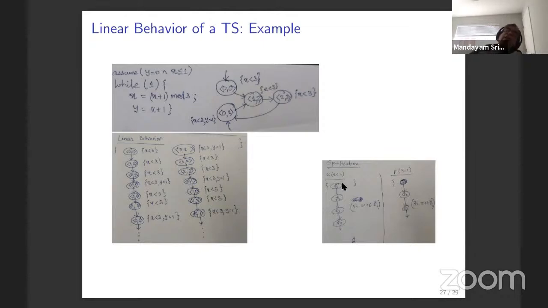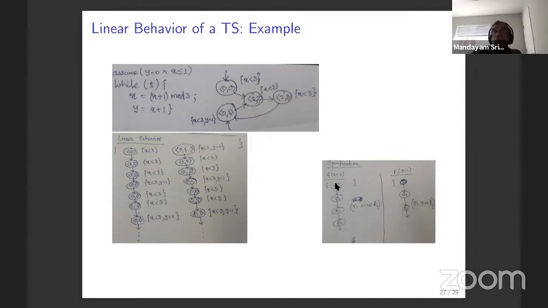The system behavior should be such that in every trace, in every execution, every state that you get should be such that x is less than 3. That is, it can include only those traces in which every state has to satisfy x less than 3. That is what this specifies.